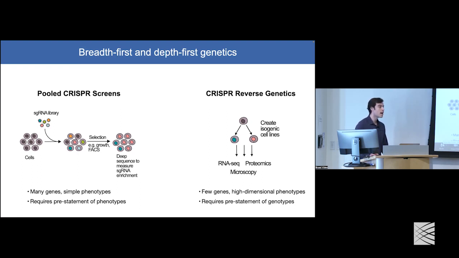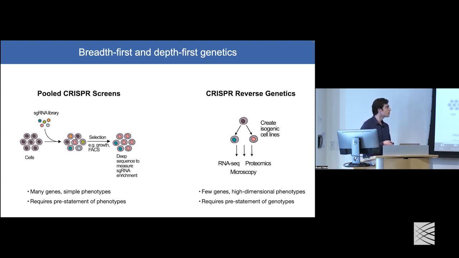And importantly, you have to be very explicit about what phenotype you're going to screen on before you do your screen, because you just get a one-dimensional scalar score for every gene. And you really get what you screen for. Some of the opportunities for serendipity are a little bit reduced.